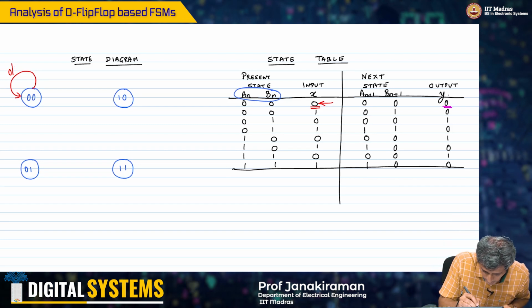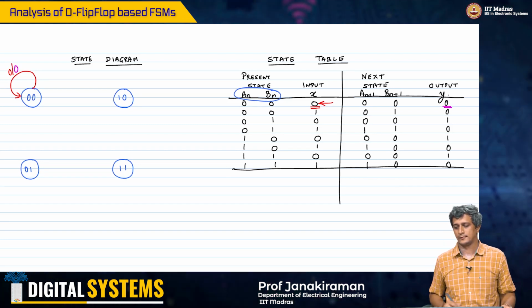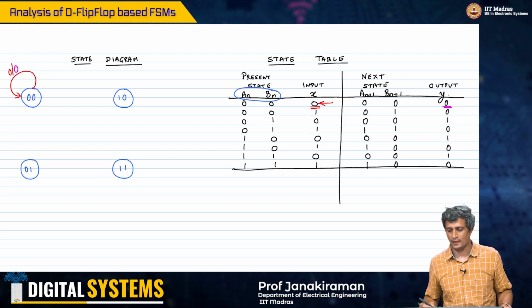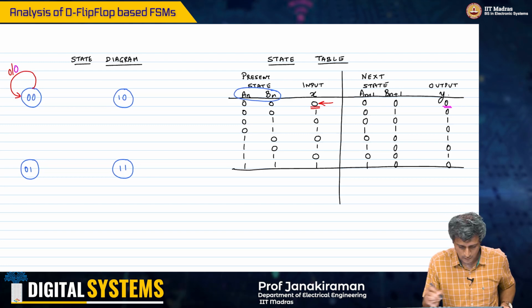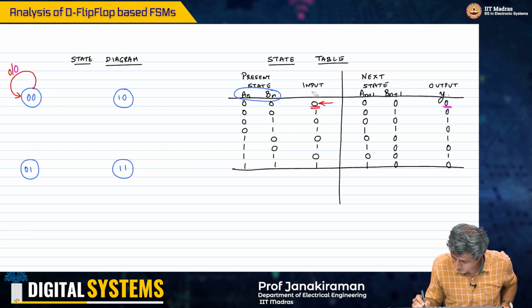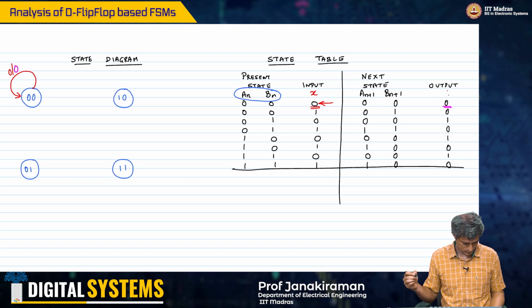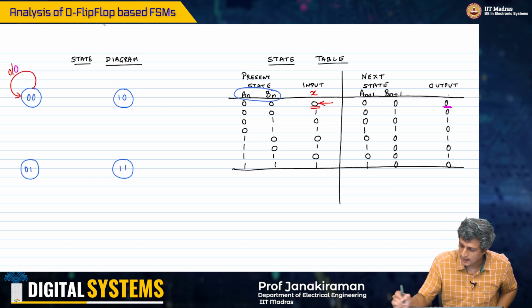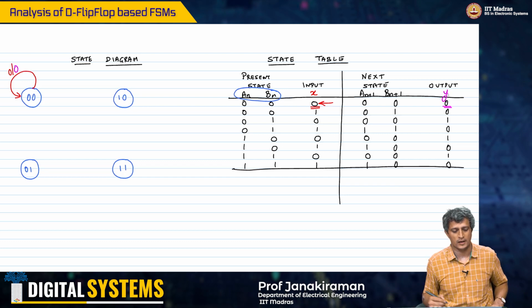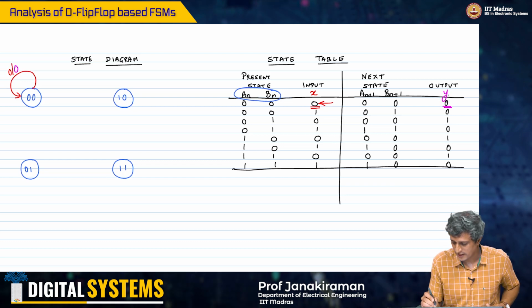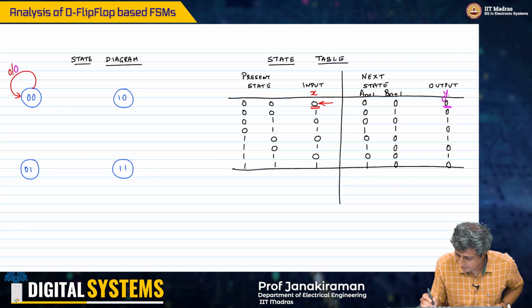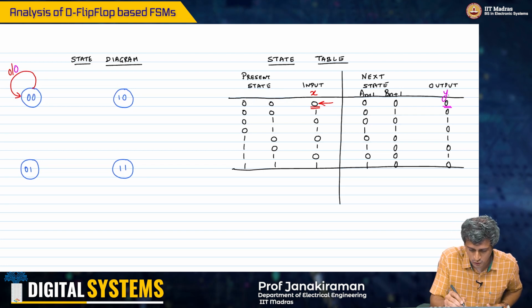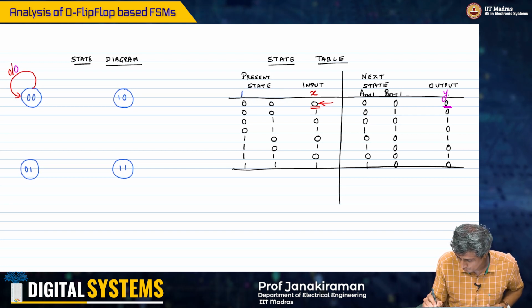Therefore, I will write it like this. In fact, I will color code this here as X, and this one in magenta as Y, so that the states are very clearly mentioned. In this also I will put An Bn in blue.